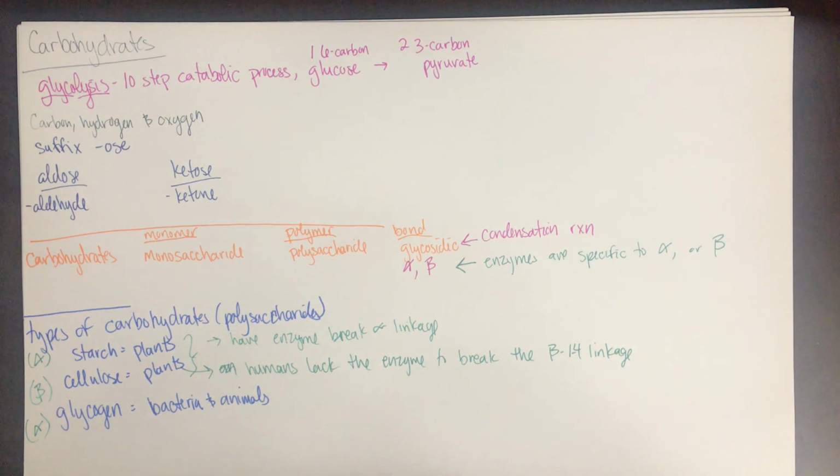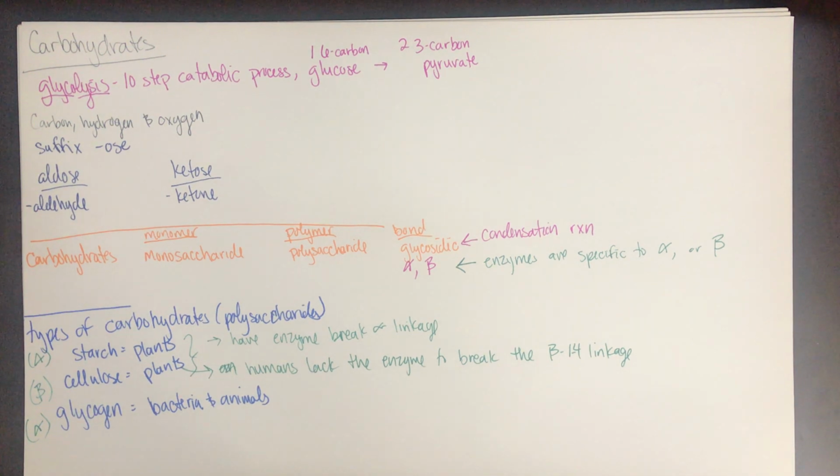We store it as glycogen, but there's a limited space for storing glycogen, and once those glycogen stores are full, then any excess glucose gets stored as fat. So glycogen is how we store glucose in our cells. Starch and cellulose is how plants store glucose. And depending on the type of linkage, if it's starch or cellulose, we may or may not be able to use that for energy.